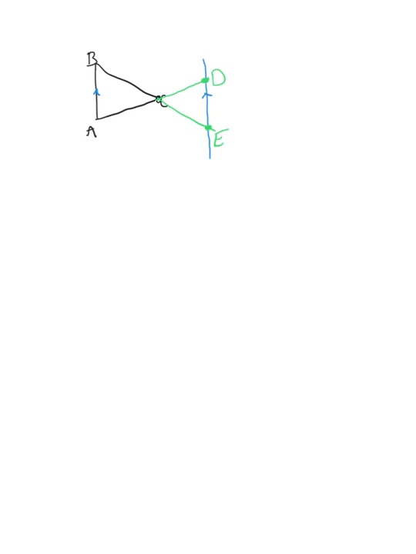So now my thought process is as follows. Well, I know nothing about the length of line segments CD and CE, especially in proportion to CB and AC. I know nothing. I just drew my line somewhere, so there's no information there. But I do have lots of angle information, and that's the key.